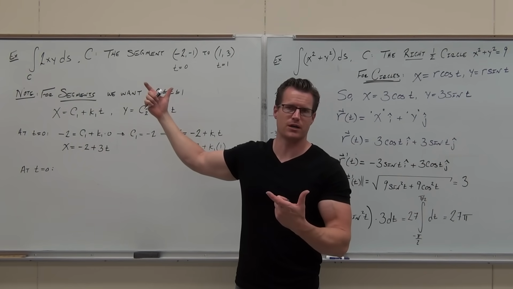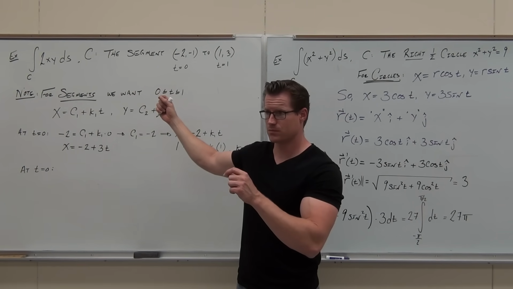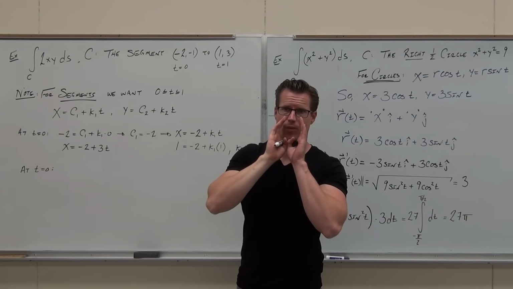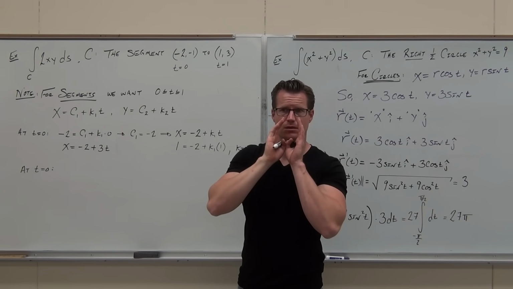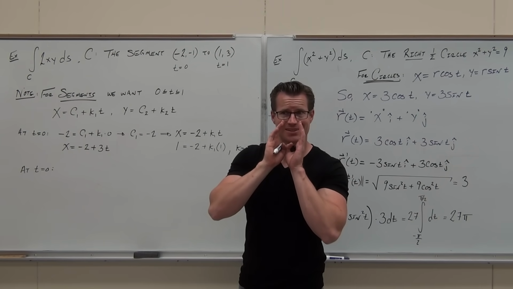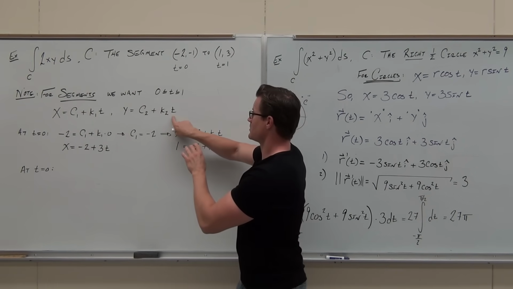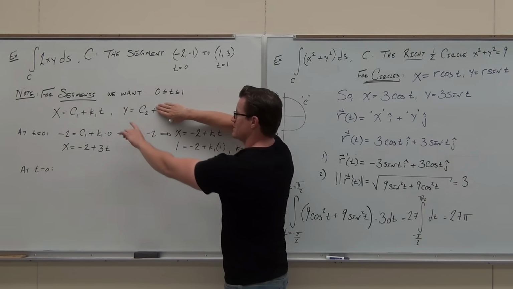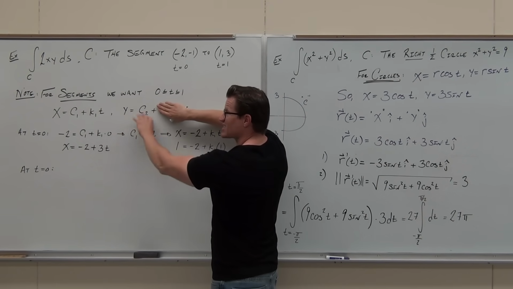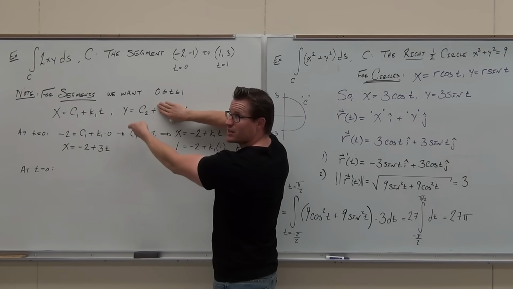What is the y value for t equals 0? So when I have t equals 0, my y value is... You need to be answering me right now. When t equals 0, the y value is -1. That's all we're doing. You're just finding your c.